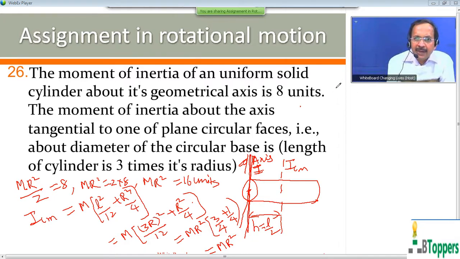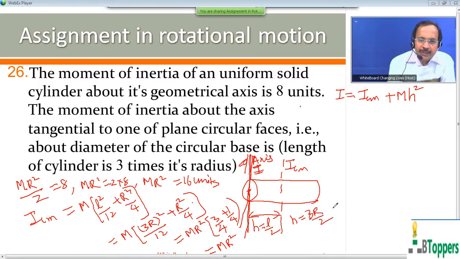According to the parallel axis theorem, the moment of inertia I about the required axis can be written as the moment of inertia about the parallel axis passing through its center of mass plus the product of the mass of the body and the square of the perpendicular distance h between the two axes. Here h can be written as L by 2, that is half of the length of the cylinder. But the length of the cylinder is given as 3 times the radius, so h is 3R by 2.